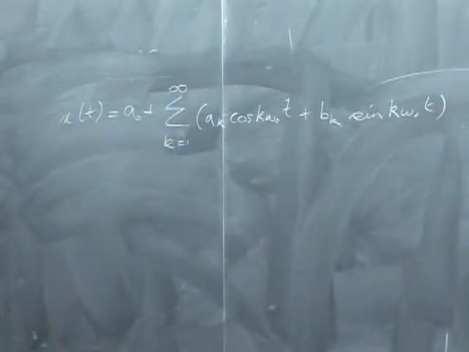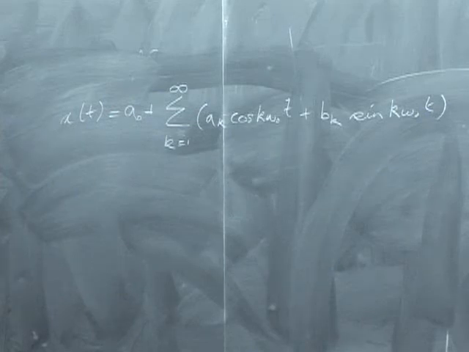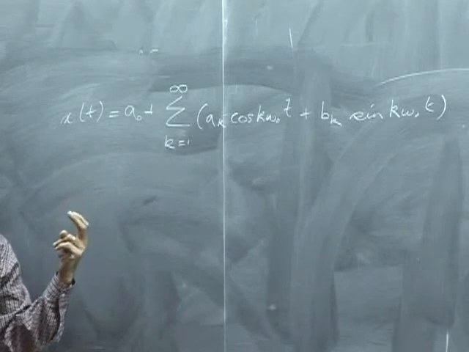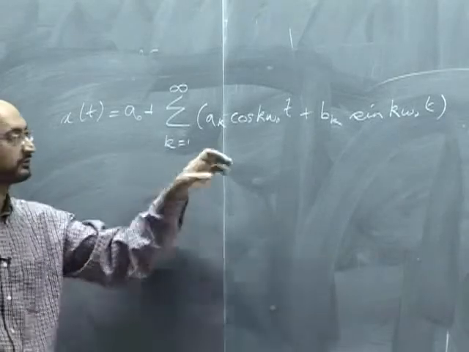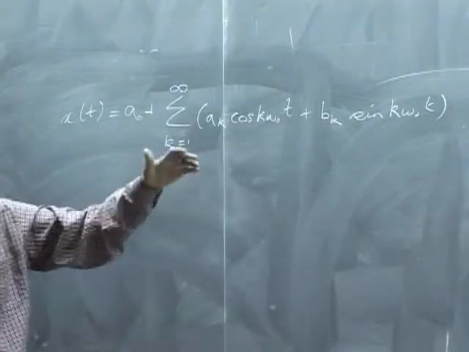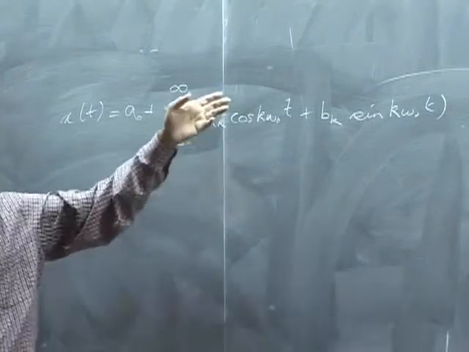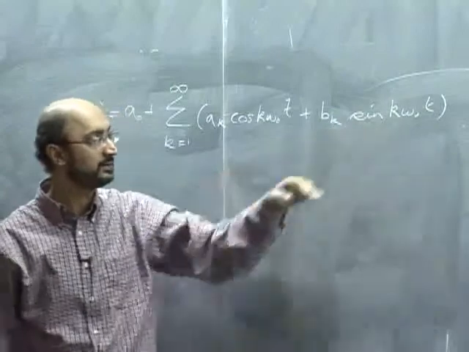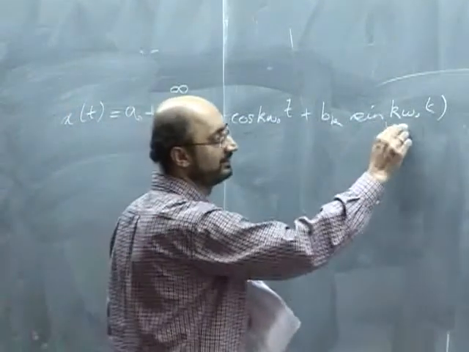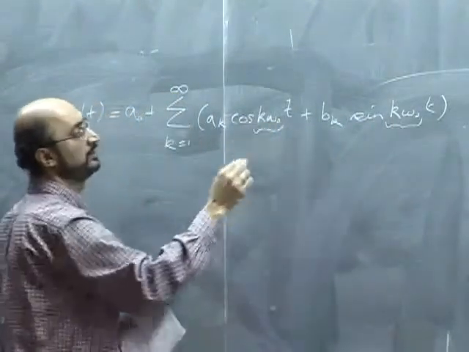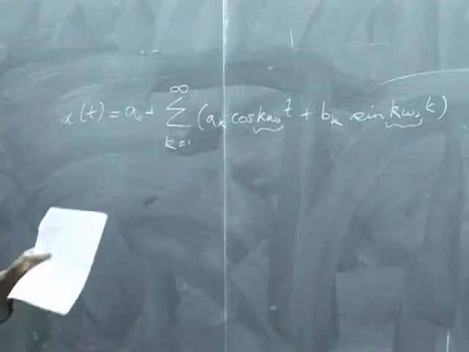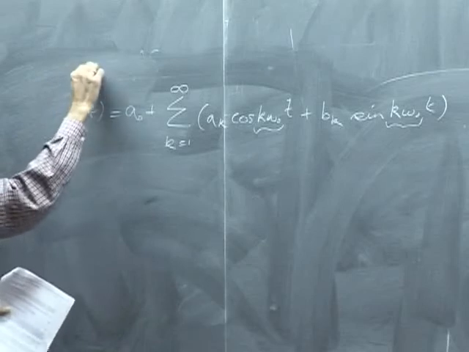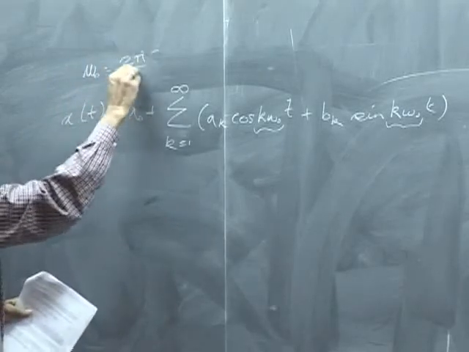So we see that at each frequency we actually have two sinusoids. I kind of lied to you. I told you it's just sinusoids at one frequency, but actually we have two: cos(k omega naught t) and sin(k omega naught t). The important thing is that the frequencies are k omega naught, which means they are integer multiples of the base frequency, where omega naught equals 2 pi over T naught.